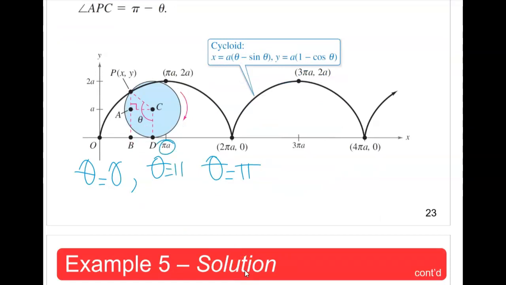Right here, that's the x coordinate of the point. And then this last one is when theta equals 2 pi. And remember, the point that we get from there is there. So that's why we see it on the x-axis, because the y value is 0. This is the highest point.